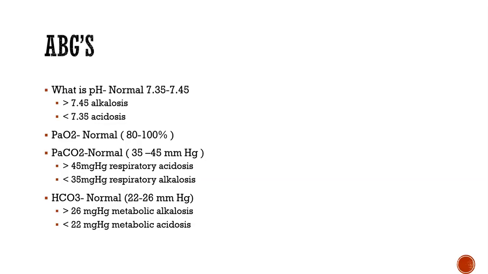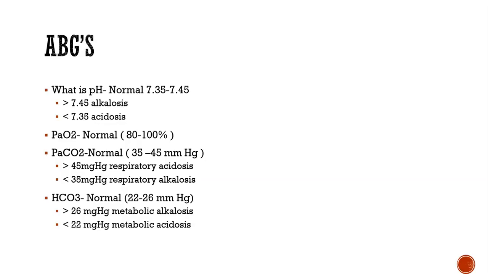So I know that he's already taught you guys ABGs, but this is just a little bit of a reminder. So pH, our normal is 7.35 to 7.45, okay? Anything below that is acidotic. Anything above that is alkalotic. Our normal PaO2, like I said a minute ago, is about 80 to 100. Normal CO2 or PaCO2 is 35 to 45. And remember, respiratory is opposite, okay, when you're doing ABGs.